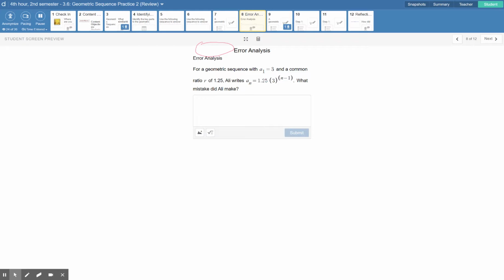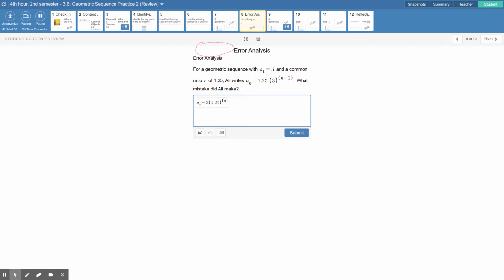Now for the error analysis, Ali just switched them, okay? So a sub 1 is 3, so it should go outside of the parentheses. So it should technically look like this. And then the common ratio goes inside.